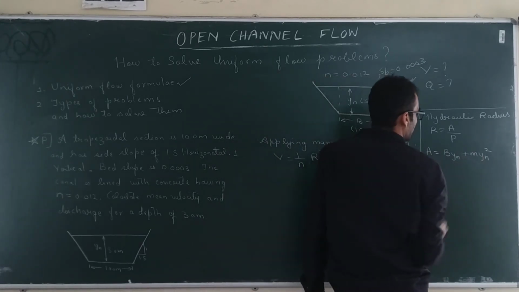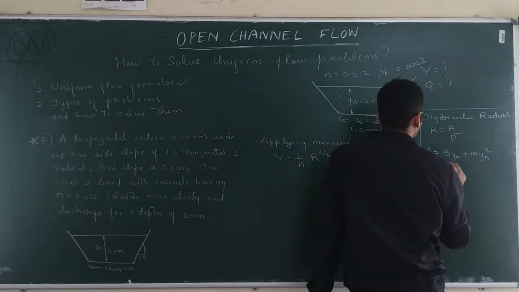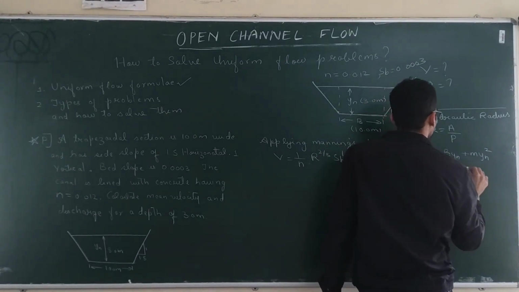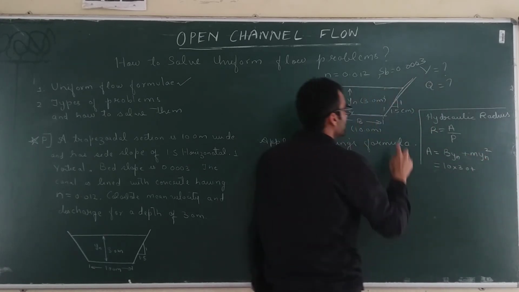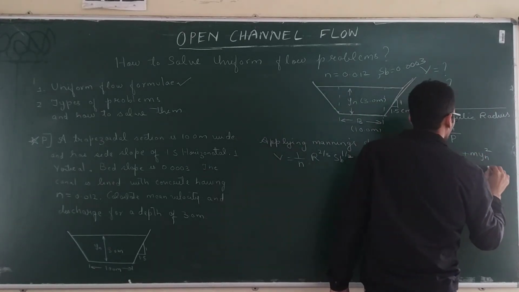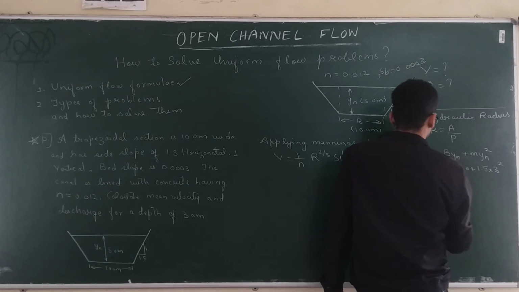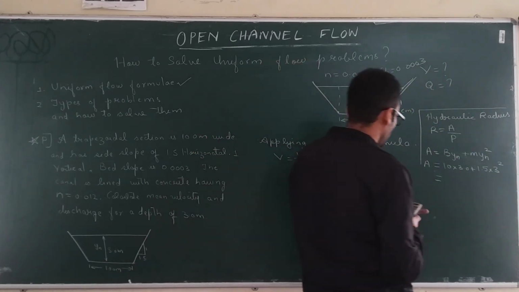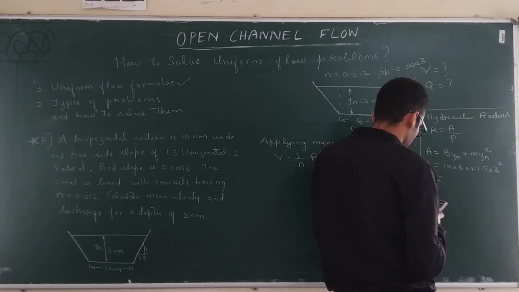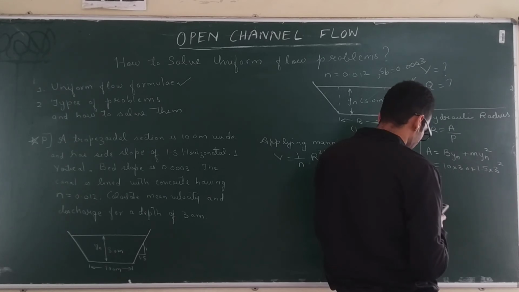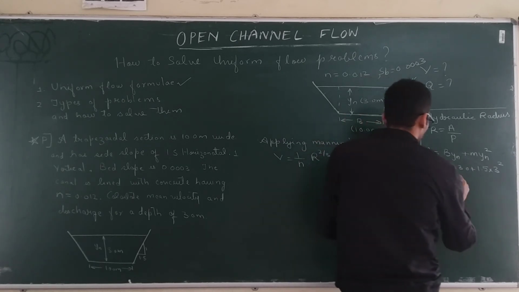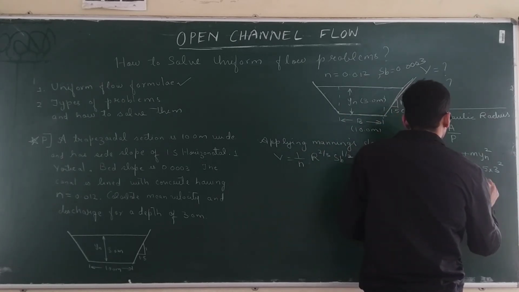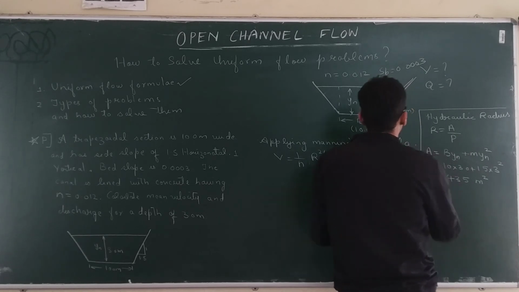So that is b, 10, into yn, 3, plus m, the side slope 1.5 in this case, into 3 square. So flow area becomes 43.5. What will be the unit? Meter square, since the dimensions are in meters.